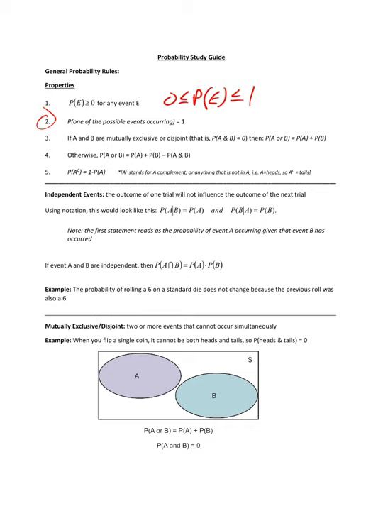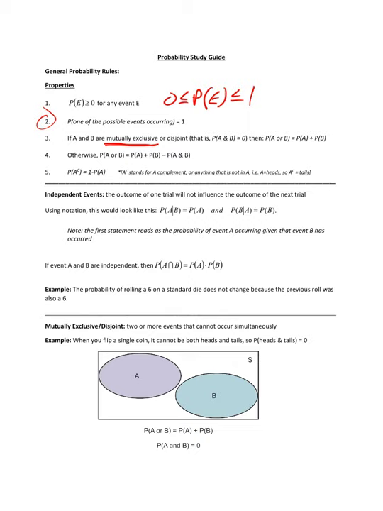A couple things now with 3 and 4: mutually exclusive. There's a definition a little further down, but mutually exclusive really means two events that cannot occur simultaneously. Examples would be heads and tails, odds and evens on a die, or red cards and black cards in a deck, where if you pull a red card, that means you didn't pull a black card.